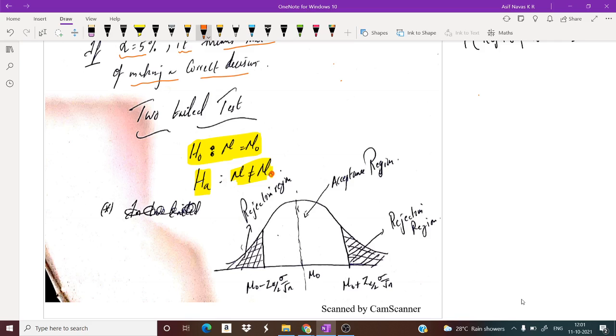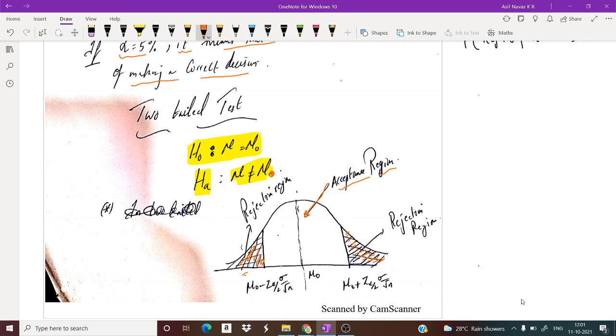And there are two possibilities, right? Either mu less than mu naught or mu greater than mu naught. So if our test statistic falls in this region, it is the acceptance region.